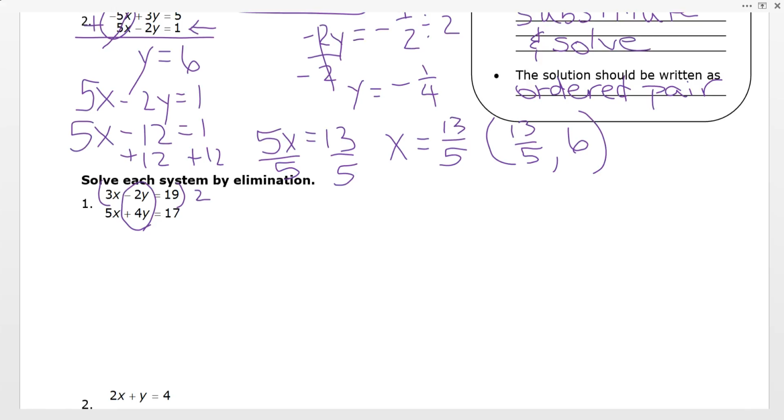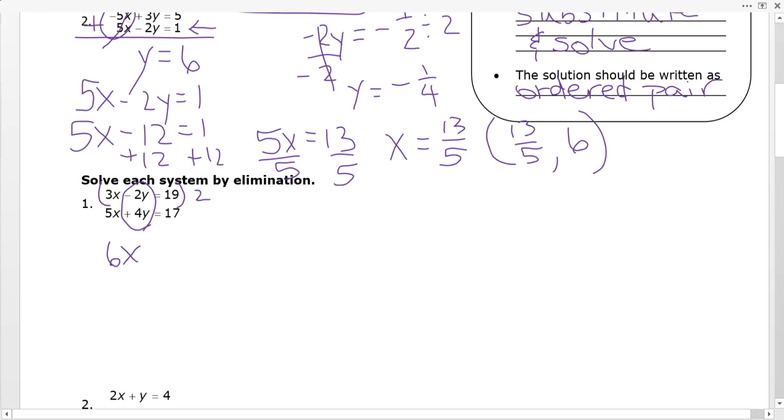So I'm multiplying everything times 2: 2 times 3x is 6x, minus 2y times 2 is 4y, equals 19 times 2 is 38. Then I have 5x plus 4y equals 17.